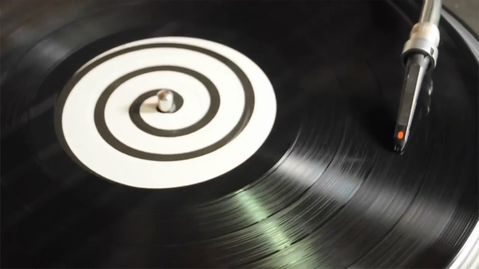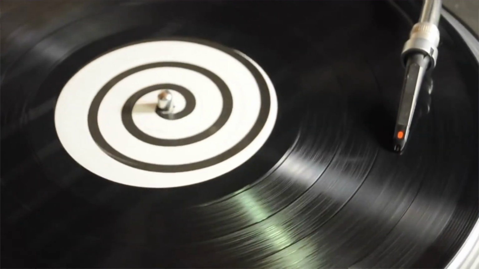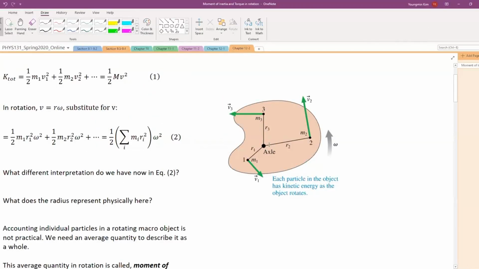However, the tangential speed depends on how far it is from the center point. That is the tangential velocity v, hence you have the radius component there. So the further away you are from the axis of rotation, the faster the tangential speed you will experience, even though the angular velocity is the same.